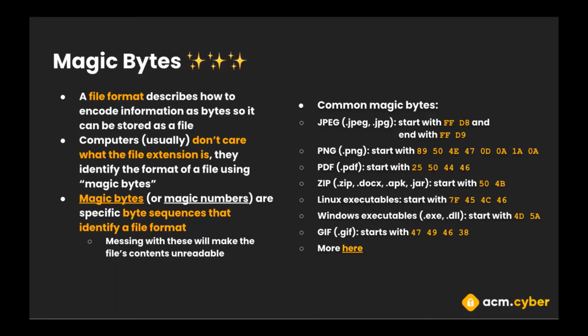On the right there, you can see a lot of the common magic bytes, a good reference for the challenges later. For example, if you have a JPEG file, the first two magic bytes are going to be FFD8 and it ends with FFD9, or .png, .pdf, all of them have a slightly different sequence. And if you go in and mess with these bytes in any way, like if I changed the .png to 8850, then the file's contents will be unreadable by the computer because it's not going to know what kind of file it is and how to open it. So next slide.